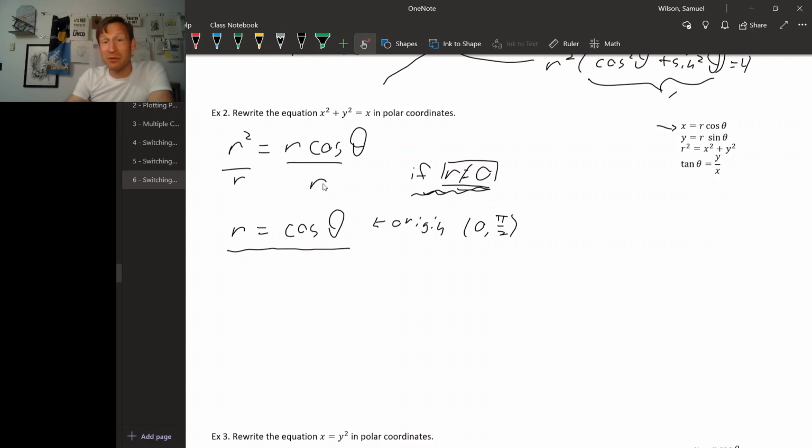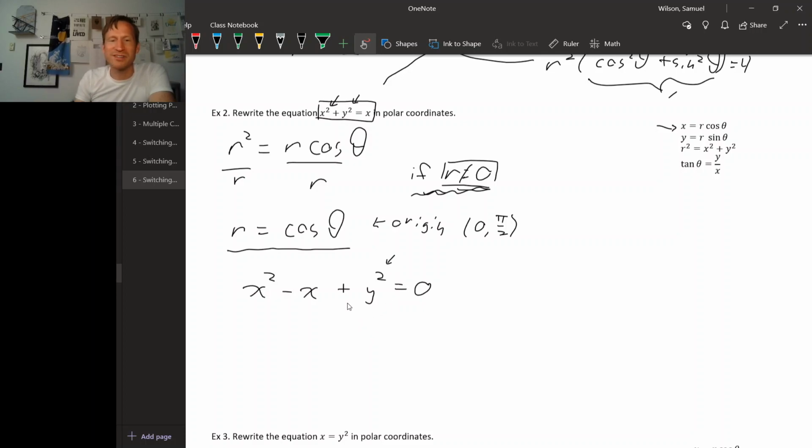One way you could figure out what this equation is describing is by completing the square here. Because we have an x squared and a y squared, it seems like maybe this is a circle. So let's complete the square. Let's move this x to the other side. X squared minus x plus y squared equals 0. Now for our y coordinates, the square is already completed.